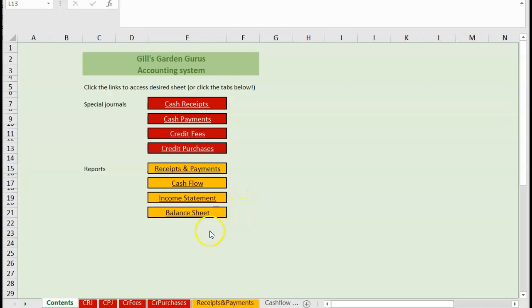and balance sheet report. So if you have a look at the tabs down the bottom, where contents is, we've got a CRJ, a CPJ, CR fees, CR purchases. On the Excel that we've got here, they're all in red.